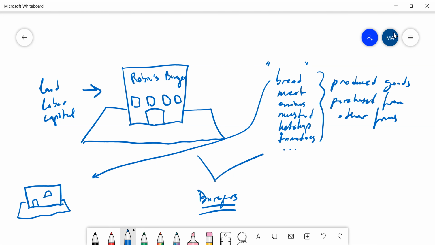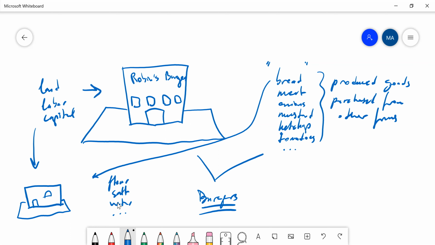Once again, this firm would need land, labor, and capital. But in the meantime, this firm also needs things such as flour, salt, water, and other stuff to produce breads. So that's the idea.